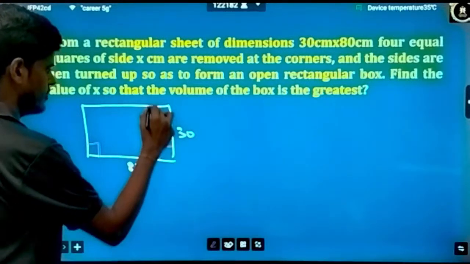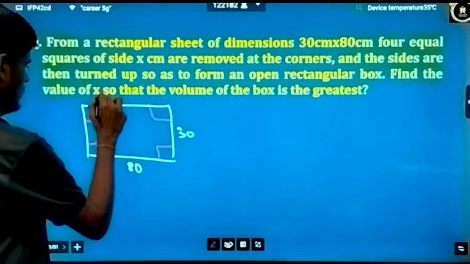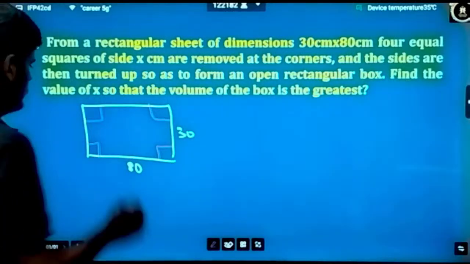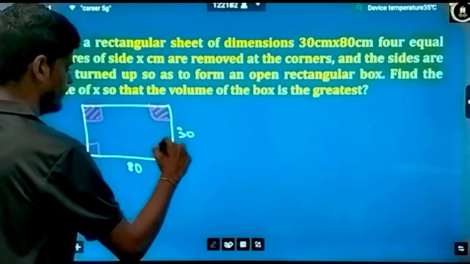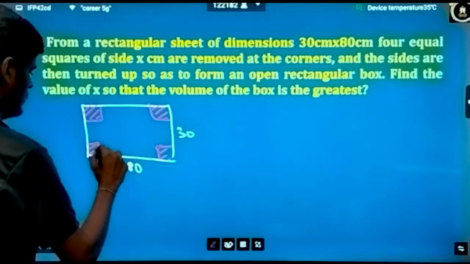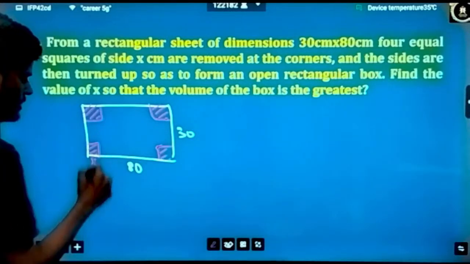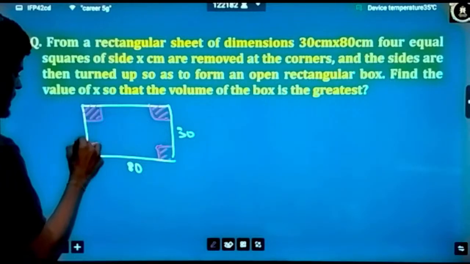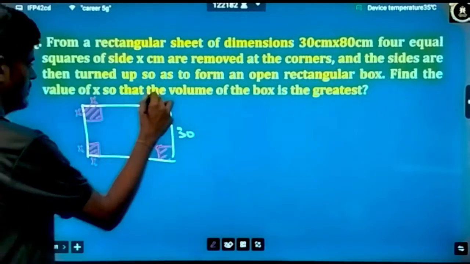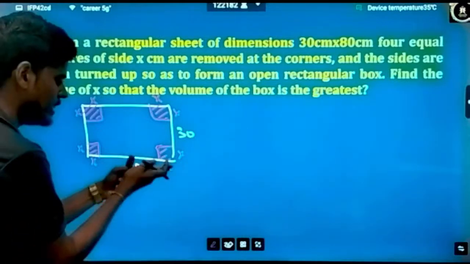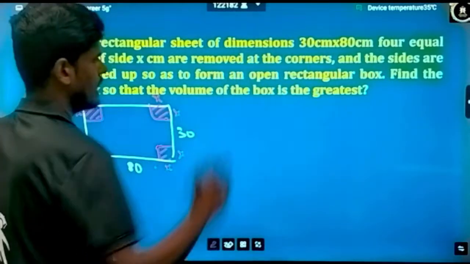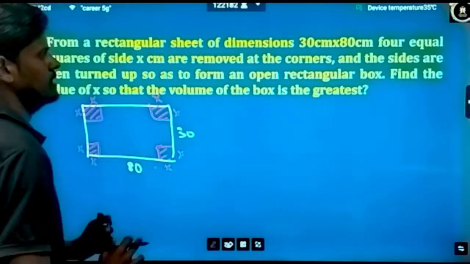This part is cut. This part is cut. And what is the length? This is x. This is again x. X. We are cutting these portions at the corners. These are removed at the corners.